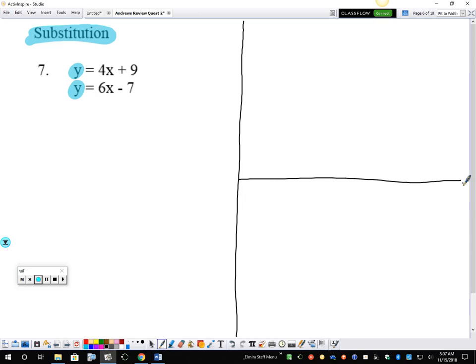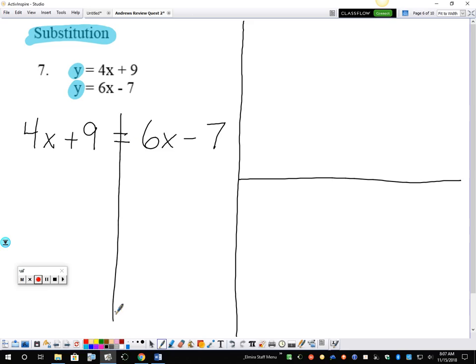So I've got one equation that says y is 4x plus 9, and the other one that says y is 6x minus 7, and I will set them equal to each other. That means I have a variables on both sides equation. So the smaller variable term, being the 4x, is going to be the one that I cancel.